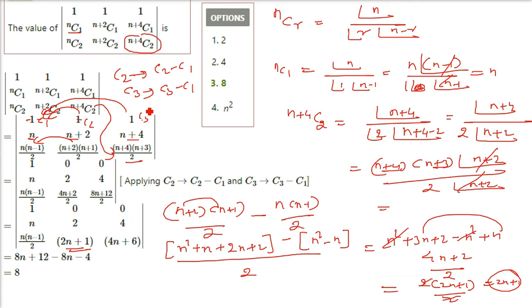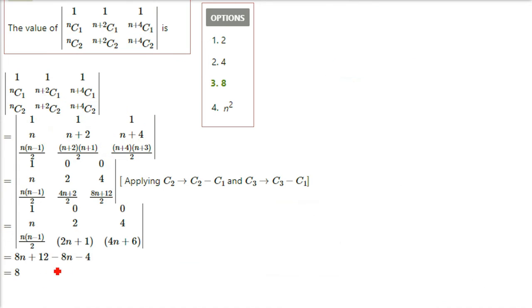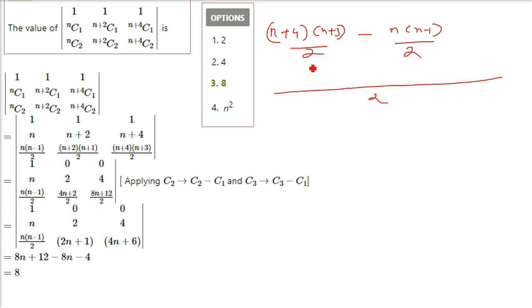Now when we do C3 minus C1, first and second row, you know already how the value will come. But column 3 minus column 1 is going to be n plus 4, n plus 3 by 2 minus n minus 1 by 2. Same thing you have to do. You have to open it and see what comes. It will be 4n plus 6.